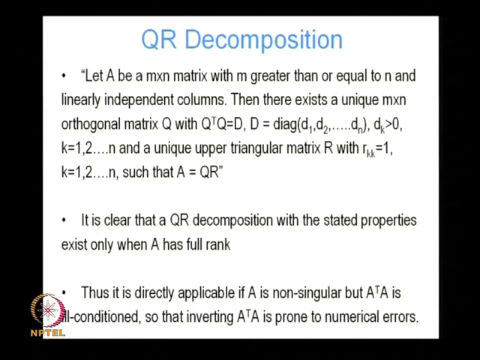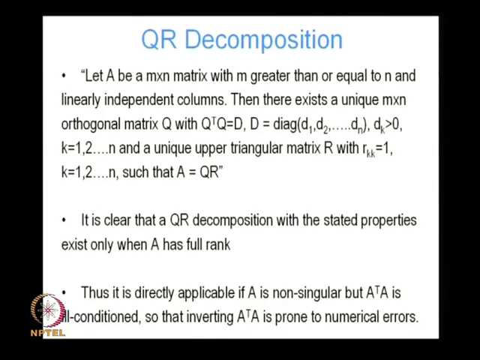Let A be an m by n matrix with m greater than or equal to n. Recall, we are talking about overdetermined systems currently. So, m can be greater than or equal to n, and let us suppose for the time being that A is non-singular, that its columns are linearly independent. So, it has got full rank and it is non-singular.